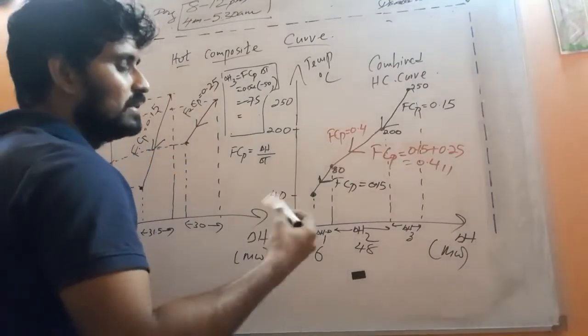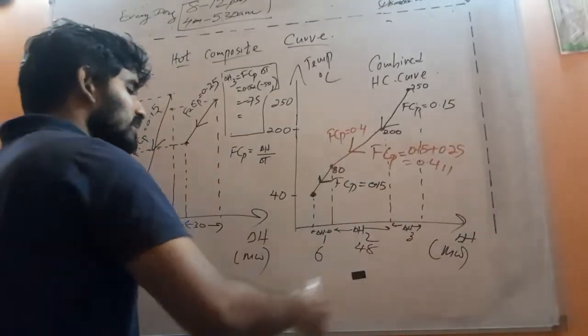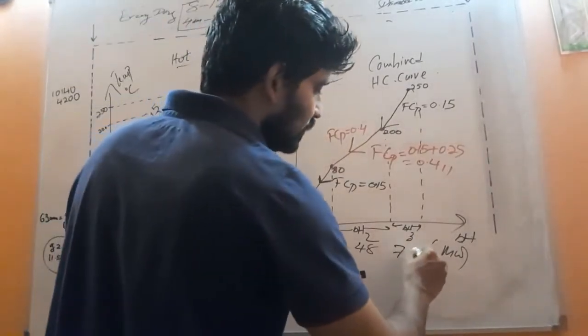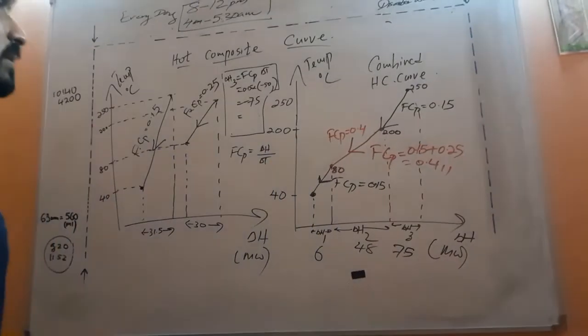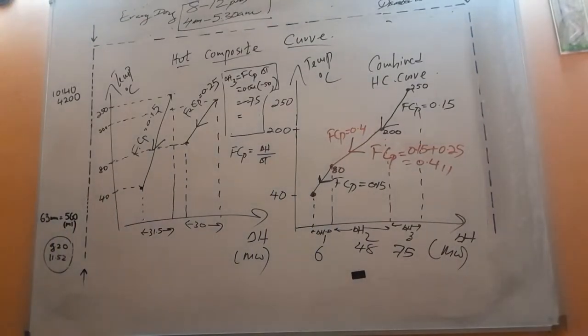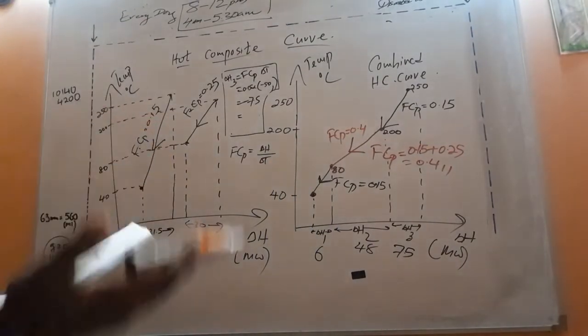Delta H3 is minus 22.5, but as we are going to consider width, you can say it as 22.5. Okay, so I think now the hot composite curve is explained, right?